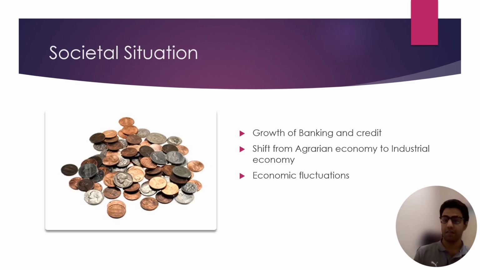The societal situation: during the time this school of thought emerged, the economies had moved from agrarian economies towards industrial economies. So it was getting more complex, and the business cycles were occurring again and again. And so the old school of thought didn't have an answer for these problems.